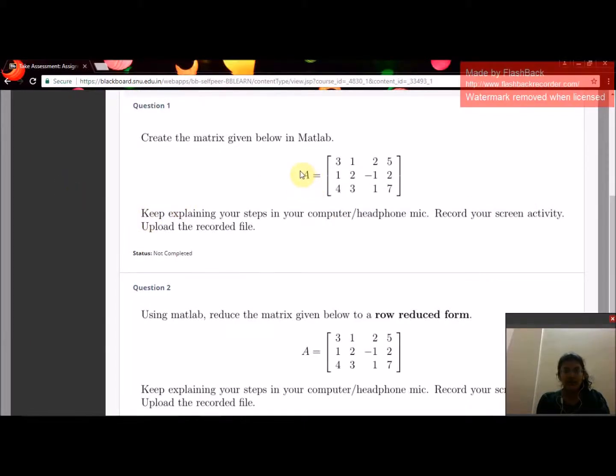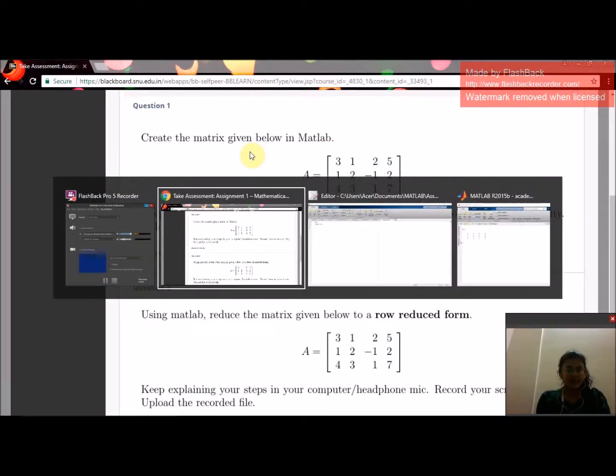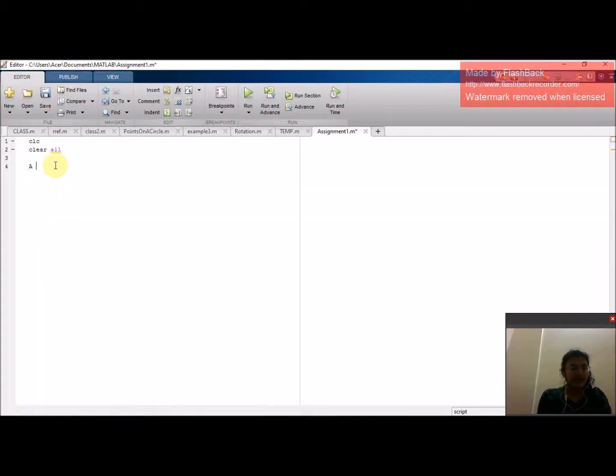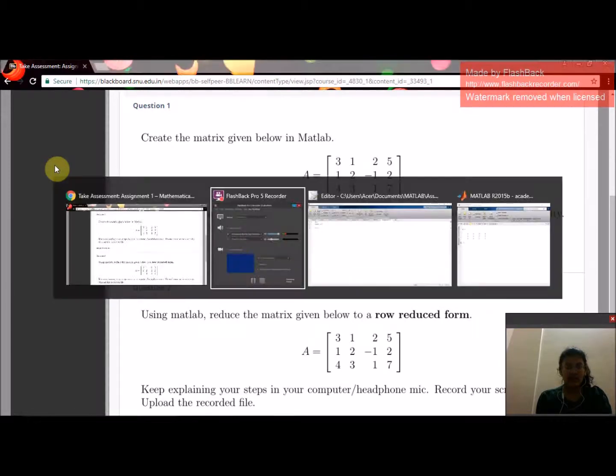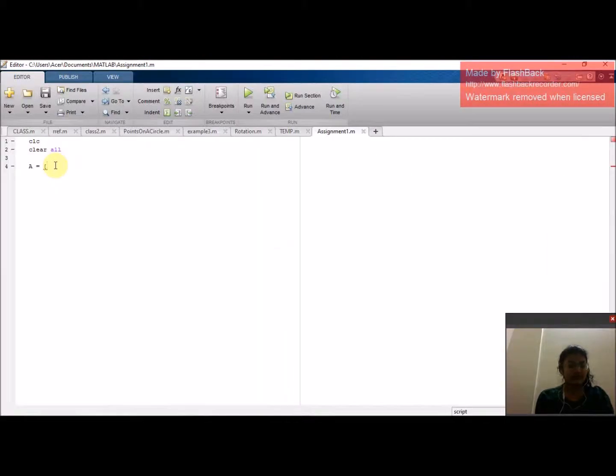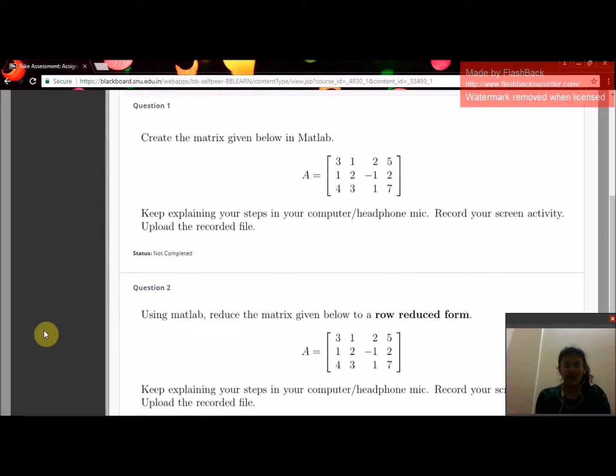So suppose we will be declaring a matrix A which is 3 cross 4. When we declare it, it will be enclosed in square brackets, and at the end of each row we'll have a semicolon to indicate the end of the row.